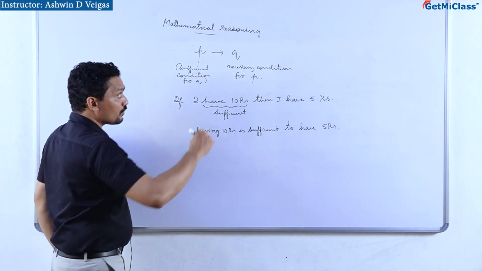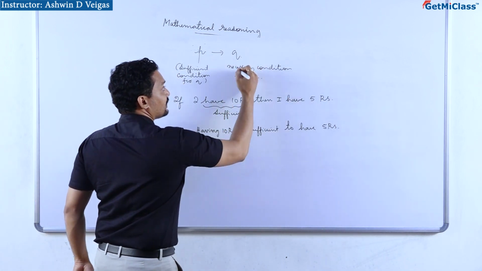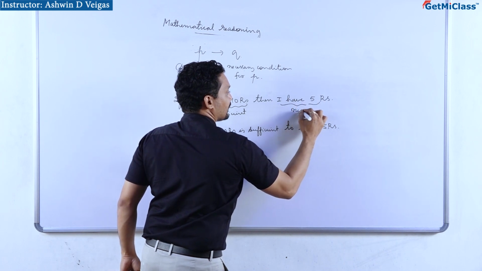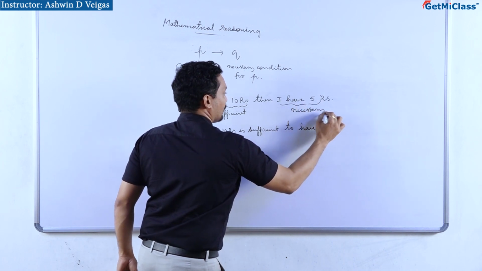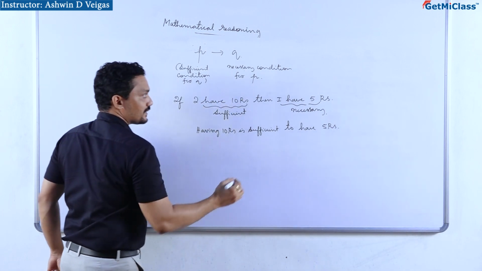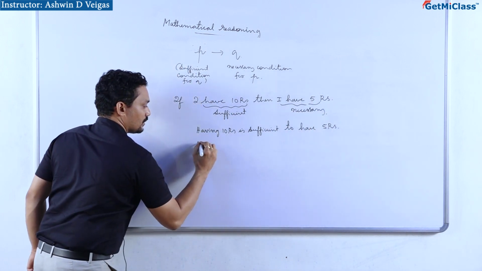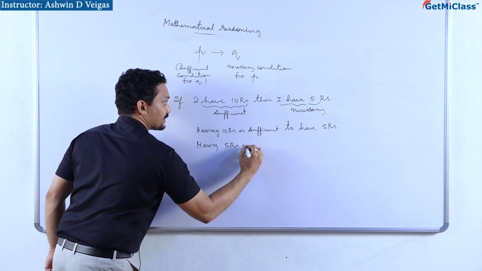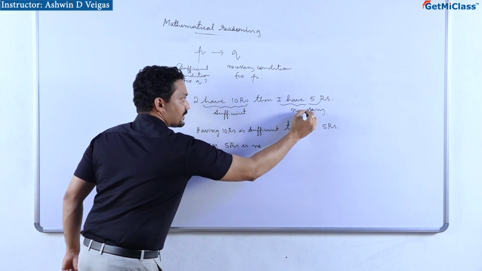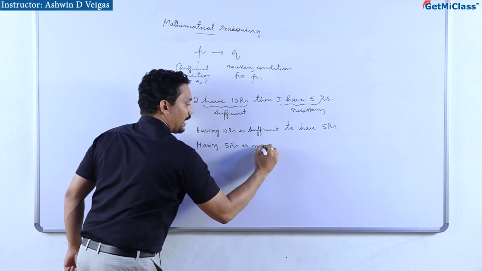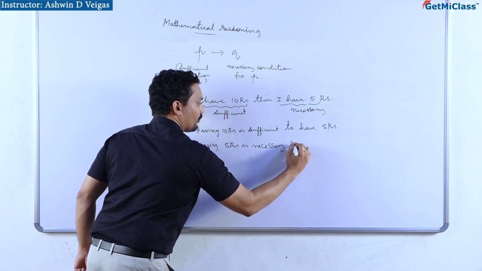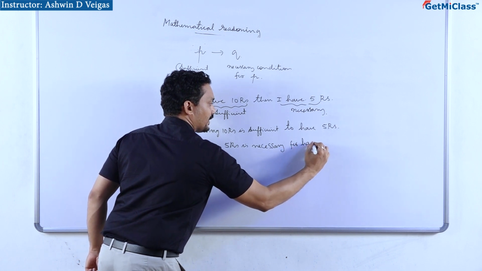Now the second condition is the necessary condition. That is, having 5 rupees is necessary for having 10 rupees. This is always necessary for this to happen.